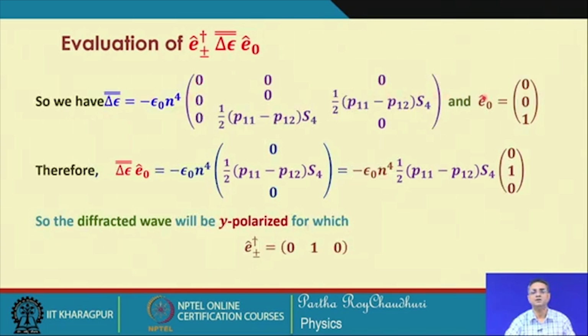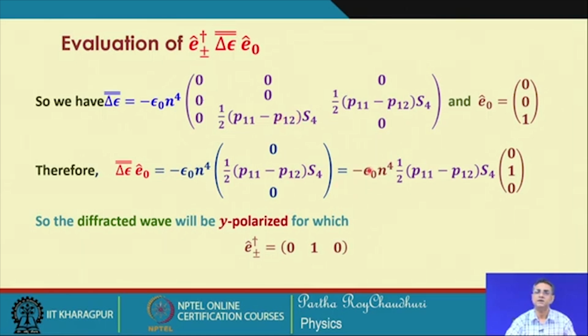Now, E 0, if you multiply this with this quantity, very straightforward, we can see that epsilon 0 n to the power of 4 and this quantity will be the non-zero quantity. If you multiply this and this, only this quantity will be surviving.